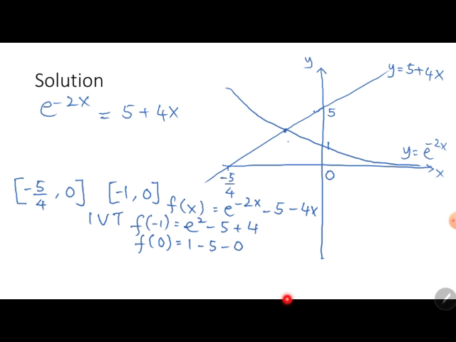So you see the value. f of negative 1 is positive, since e squared is about 9 or 10, minus 5 plus 4, that's positive, while f of 0 is negative. So there is definitely a sign change there.